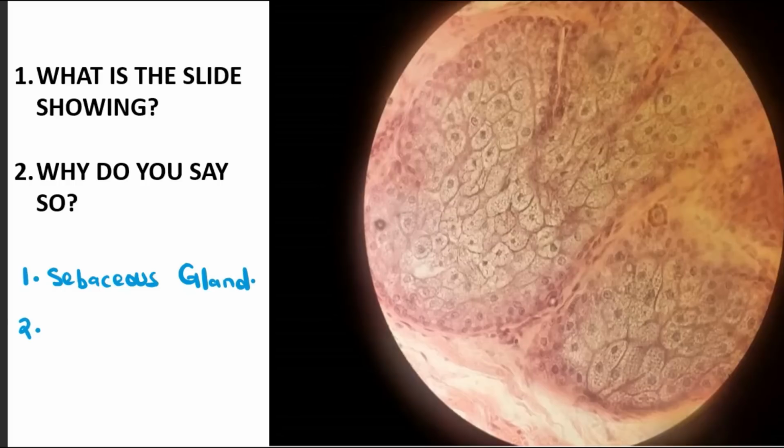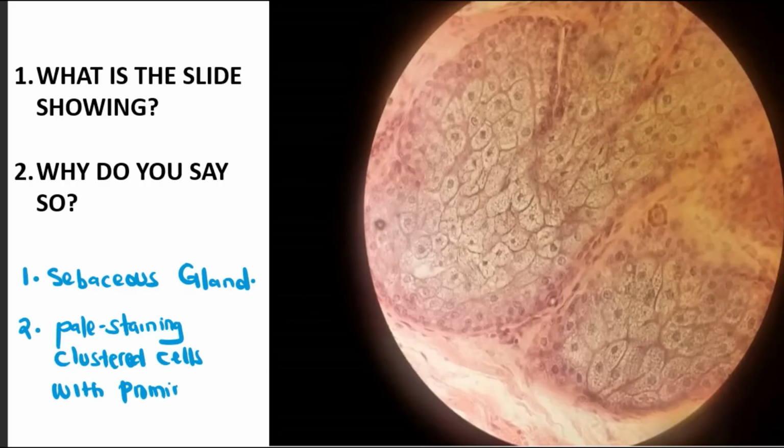Why do you say so? Number one, they're pale staining, clustered cells with prominent nucleoli.